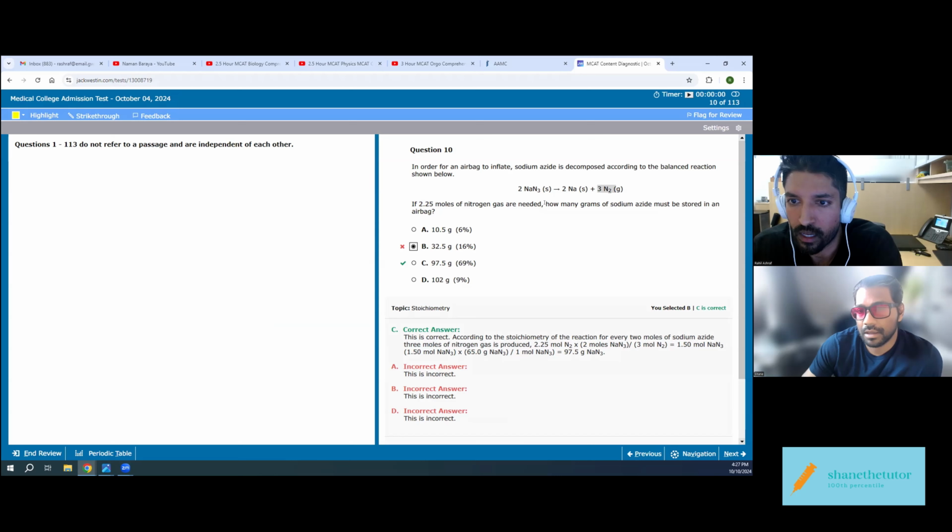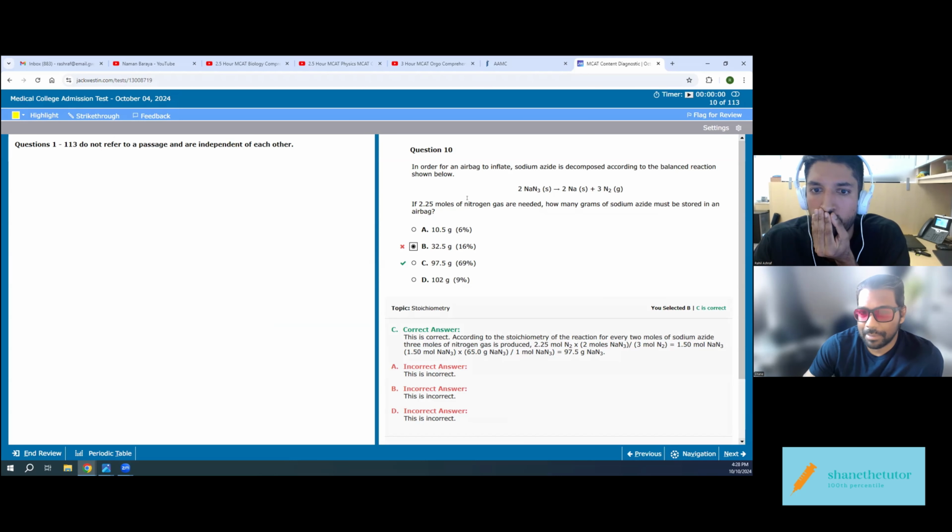And then it's asking how many grams of sodium azide, which is this right here. So it looks like a 3-to-2 ratio. So I'm going to do some type of stoichiometry to integrate the ratio and use the moles, calculating the moles of nitrogen gas. So we're given the moles of nitrogen gas, right?